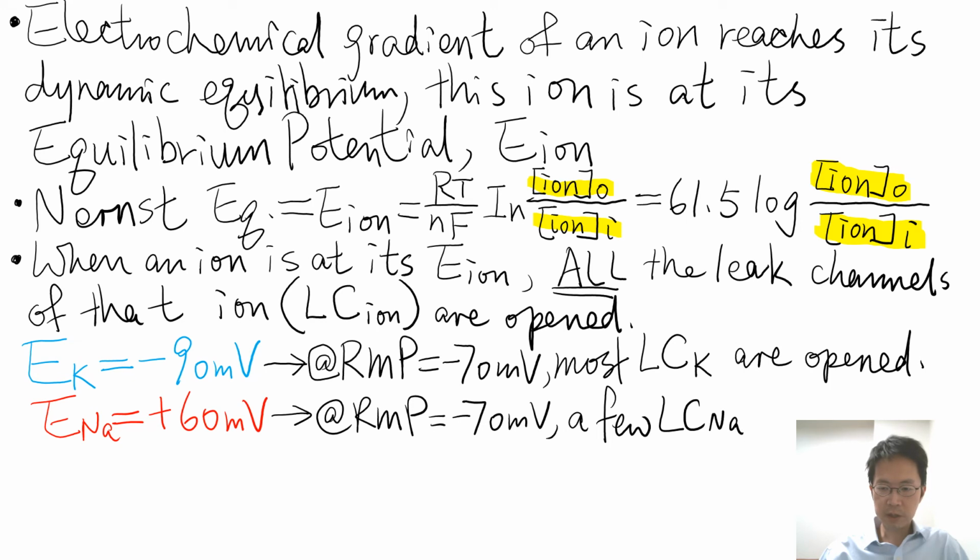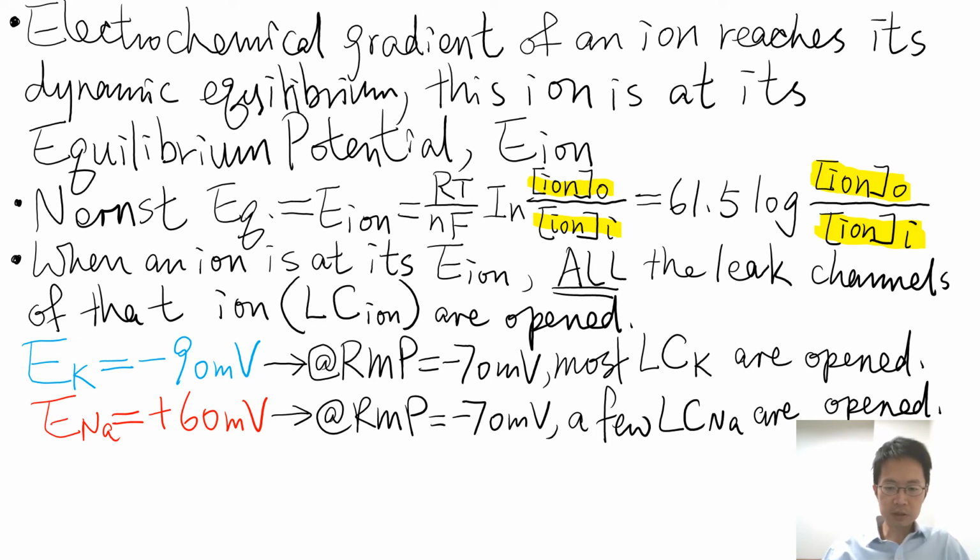I'm running out of space. The reason is that the equilibrium potential of sodium is plus 60, which is far, far away from minus 70. So maybe only one or two sodium leak channels are open.